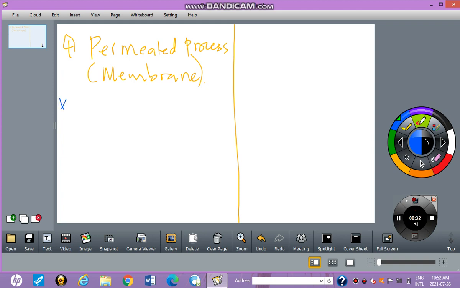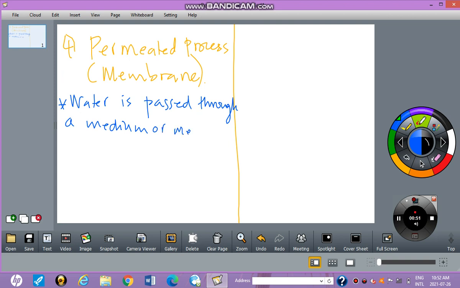Here, water is passed through a medium of membrane.